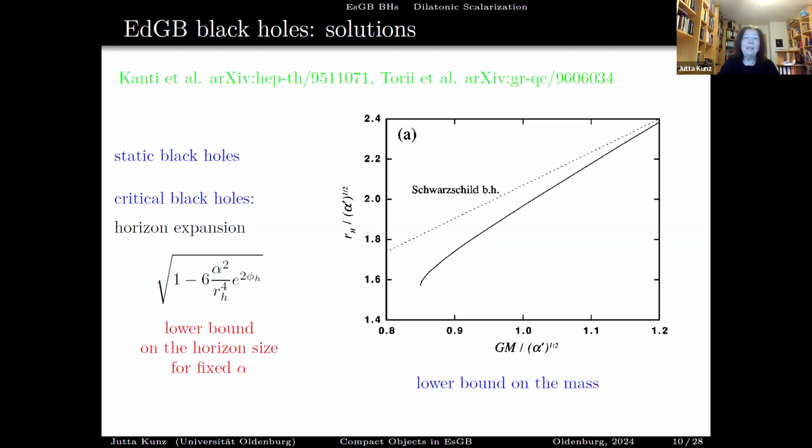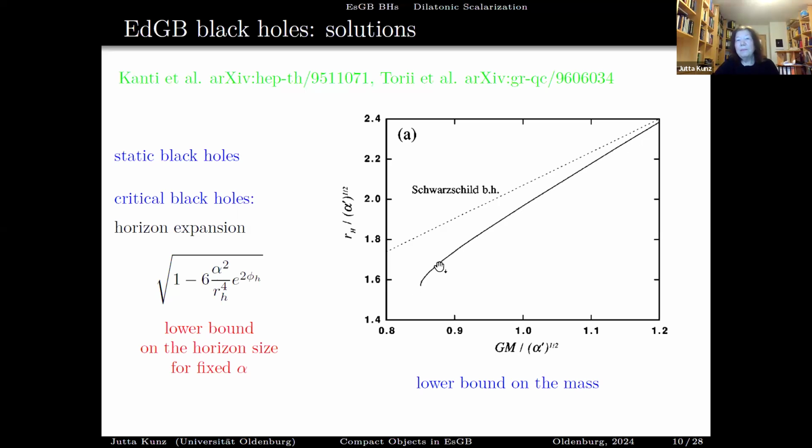And this is what we see here. This is from a very old paper from the 90s from Jutta and her group at the time. You see the radius of the horizon scaled versus the mass of the black hole scaled, and this solid curve is the set of scalarized black holes.